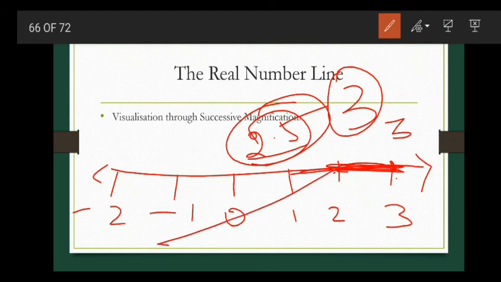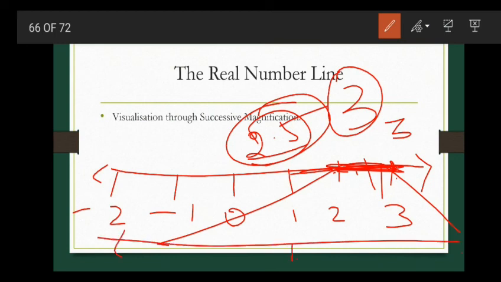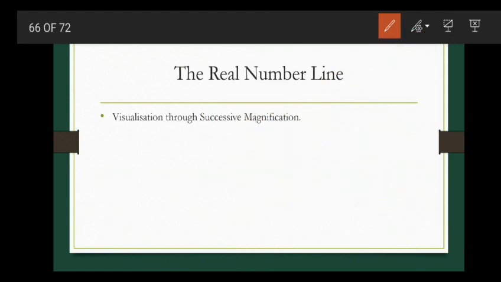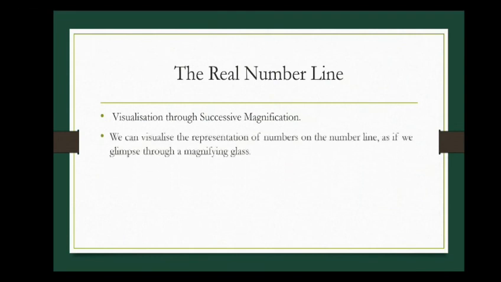We divide this space into 10 equal parts again, so you will get 2.0, 2.1, 2.2 like this. So we get 10 equidistant points again. Where does 2.5 lie? We get 2.0, 2.1, 2.2, 2.3, 2.4, 2.5, somewhere in the middle. We have to magnify this length to see where the given point lies. That is called successive magnification.